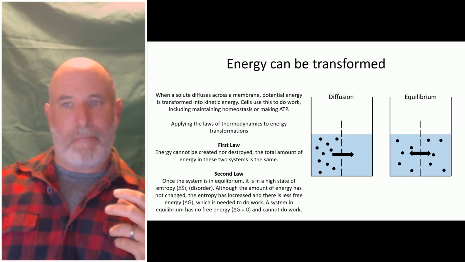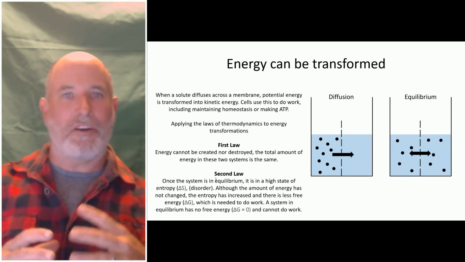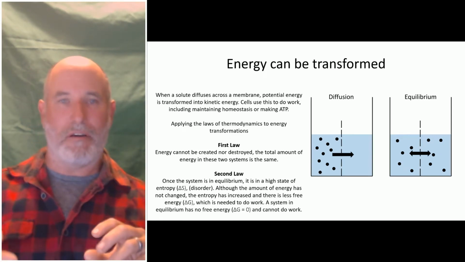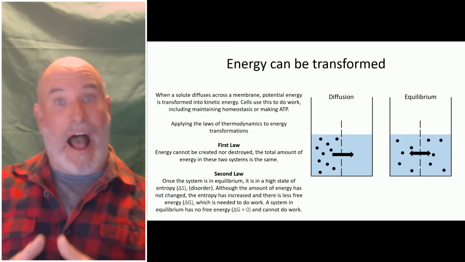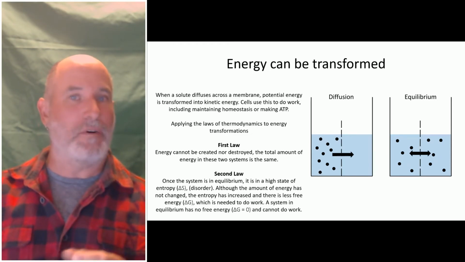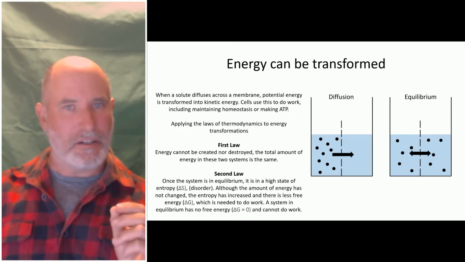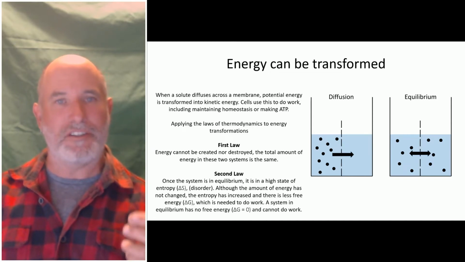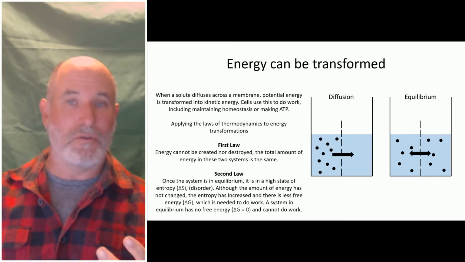So let's go a little bit into these energy transformations. When a solute diffuses across a membrane, if you've got more solutes on one side of the membrane than the other, your system is out of equilibrium. Delta G, which is your free energy, is less than 0, which means that you have energy available to do work. As a solute diffuses down its concentration gradient, cells harness that to do work until eventually you reach equilibrium.